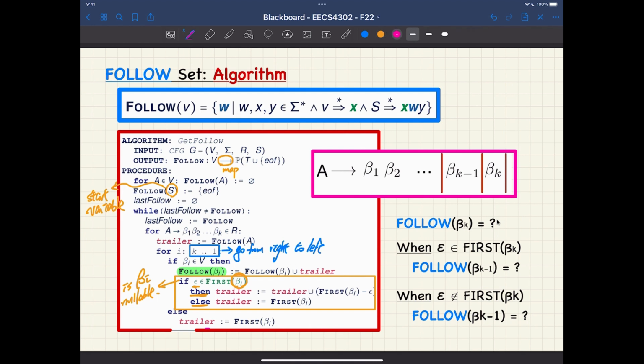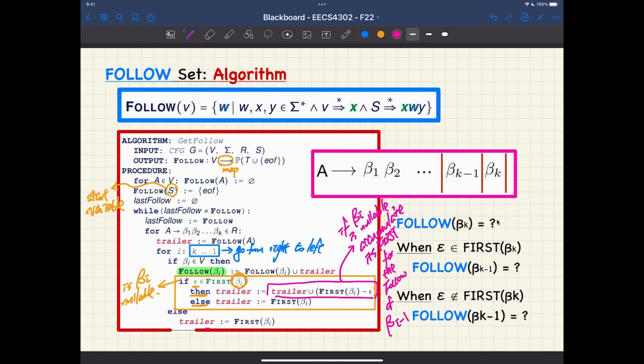If beta i is nullable, then we want to accumulate its first for the follow of beta i minus 1.